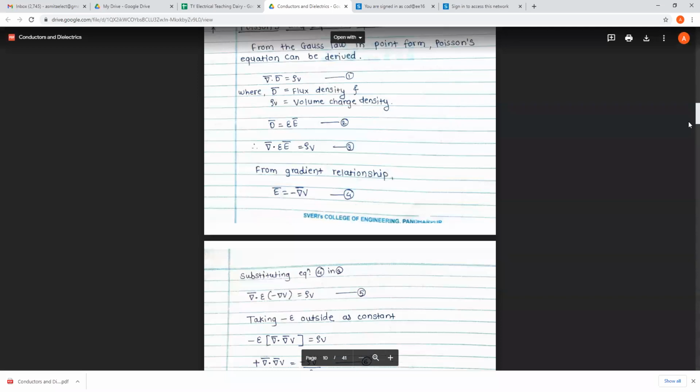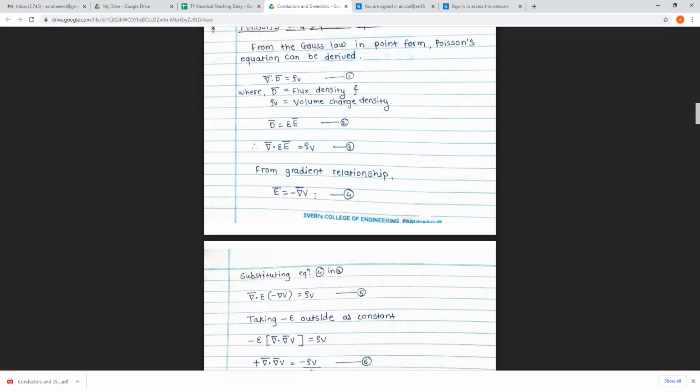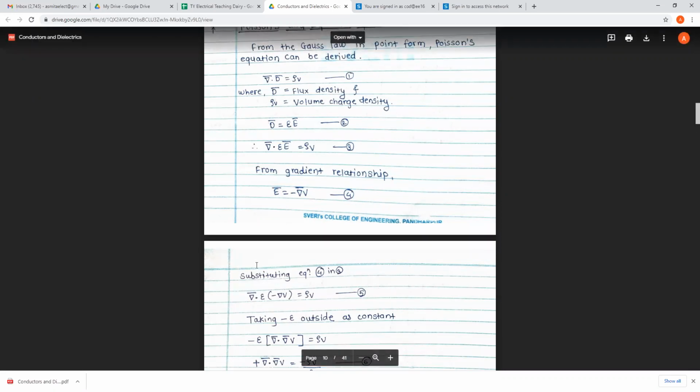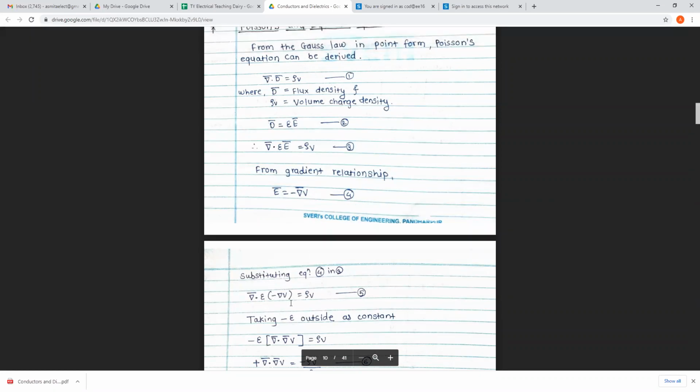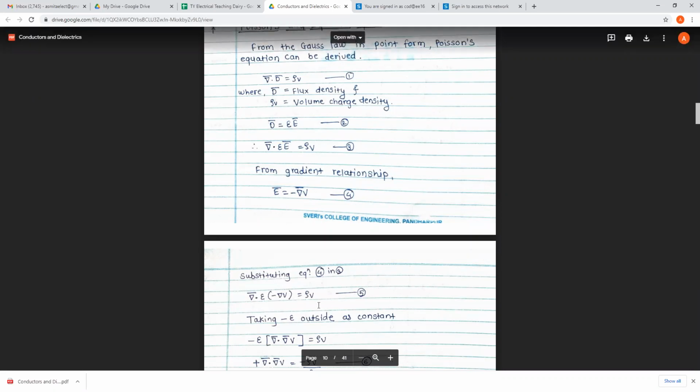And from the gradient relationship, e bar is equal to minus del V. So just put this in, and we get del dot epsilon e bar, with e bar equal to minus del V, which is equal to rho v.